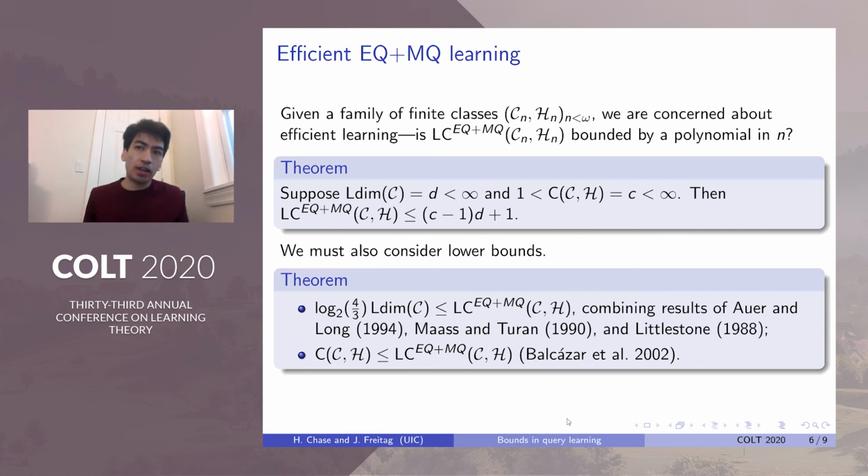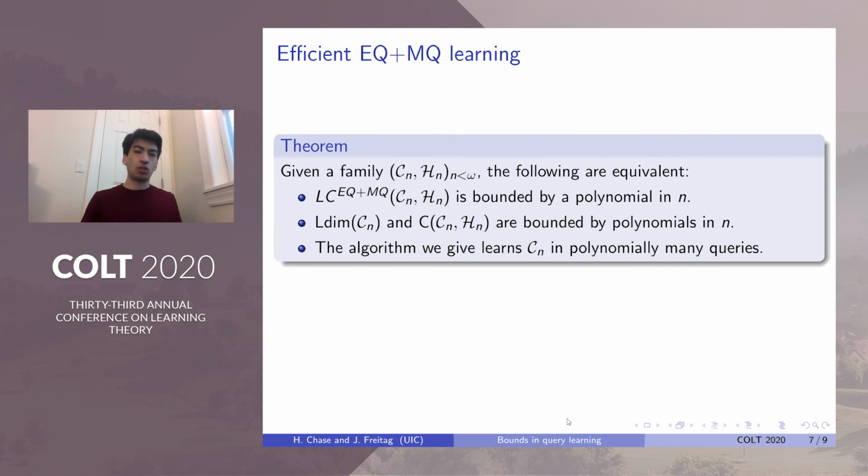We can also find lower bounds which are linear in Littlestone dimension and linear in consistency dimension. So as long as both are themselves polynomially bounded, we will get efficient learnability of this family of classes. And that gives a characterization of efficient learnability.